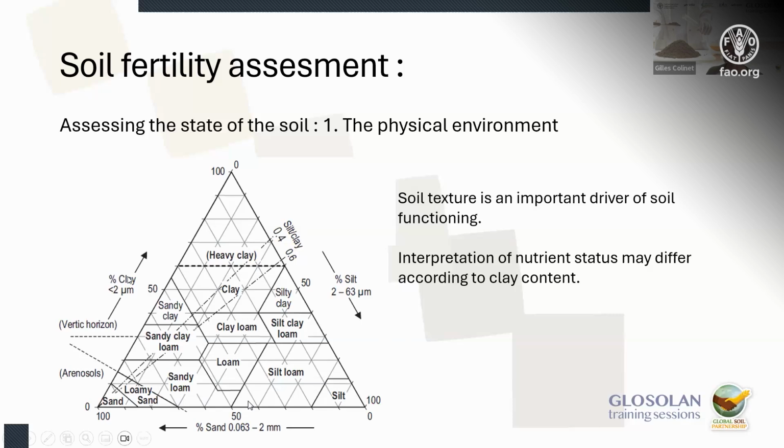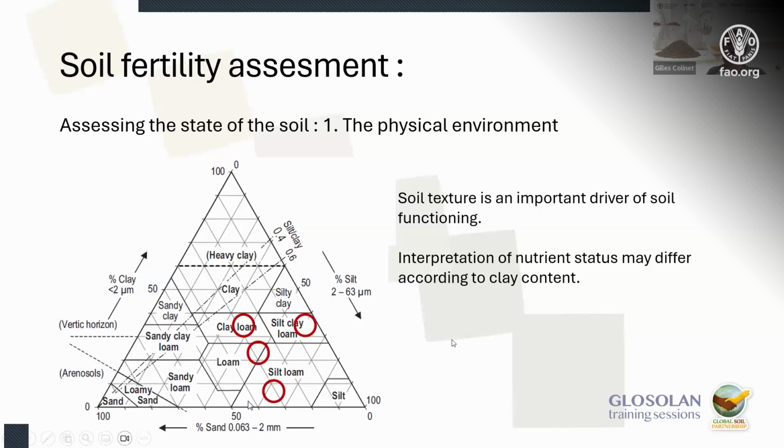Also important is to recognize the limits. In our system, the limit of the clay is cut at 2 micron. I think in the Ukrainian system, it's 1 micron. So we can have differences in that system. But the important thing is to have built your own local references.